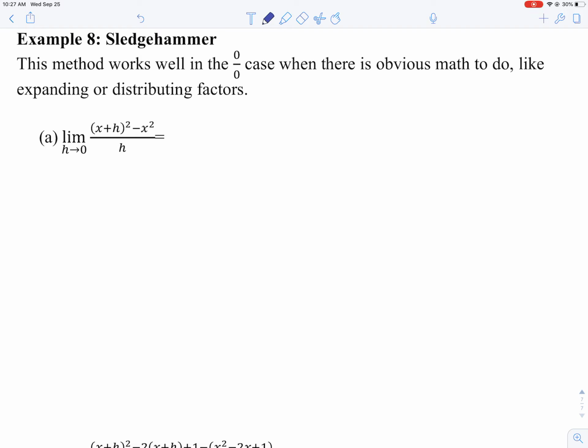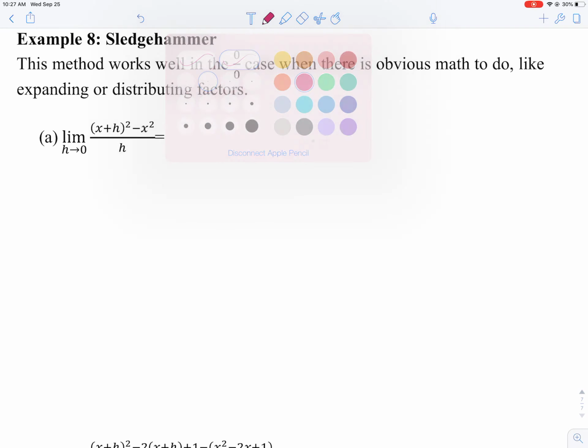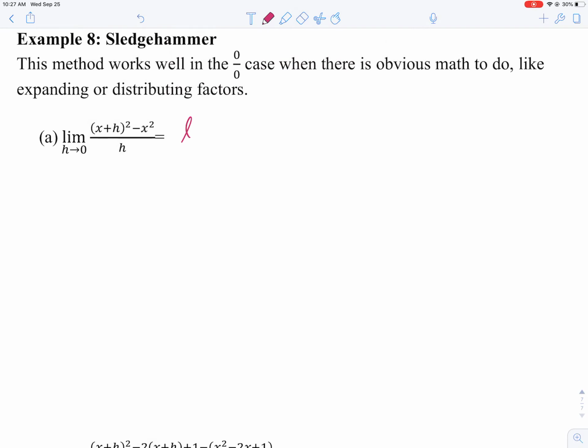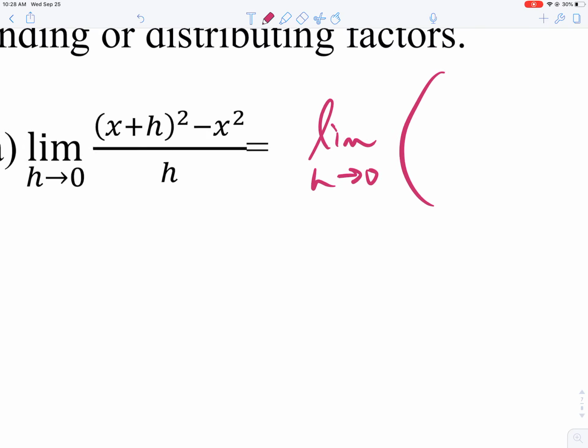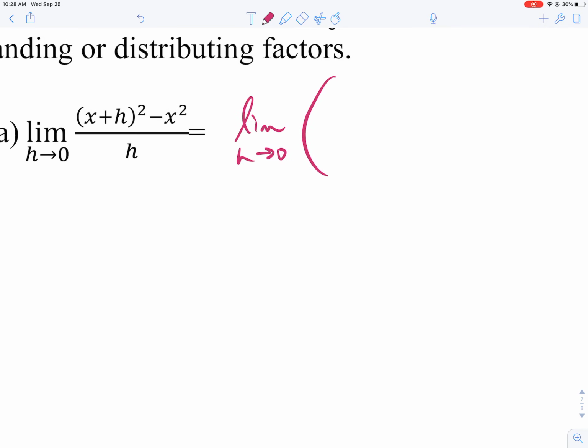So multiply everything out. I call this the sledgehammer method. Okay, so using brute force, we are going to just multiply everything out, right? Looking at this function, it's not obvious that there's anything else to do.